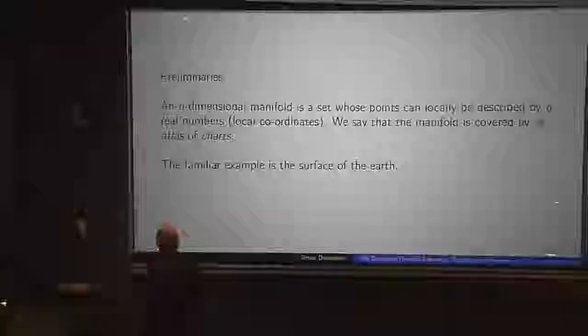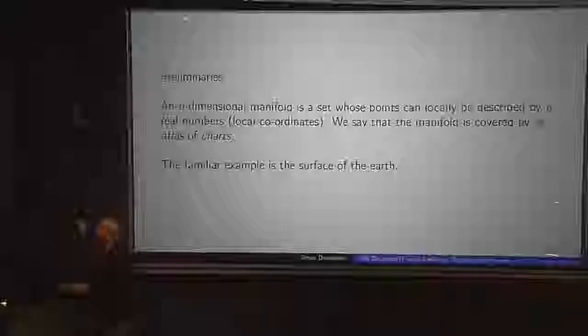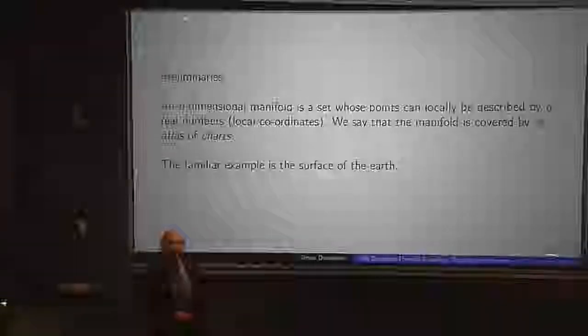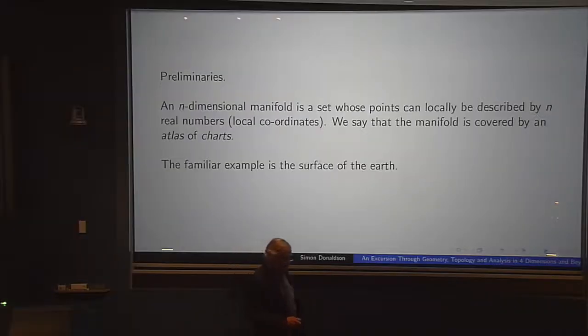We need some preliminaries. So first of all, I need to recall to you or explain to you what are these manifolds, which will be the stage for all of the interesting geometry and analysis and differential equations that we want to discuss.